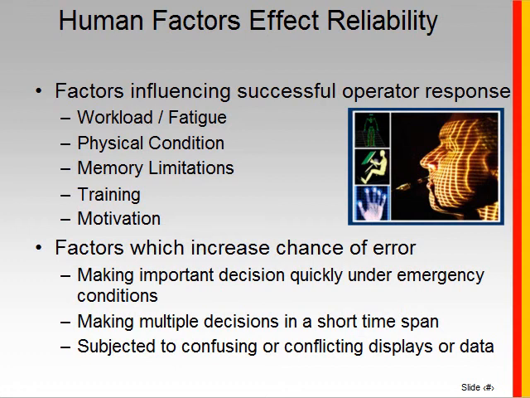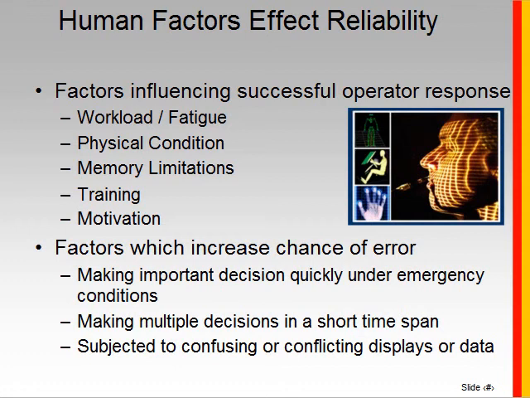There are also a lot of factors which increase the chance of making an error in the response to an alarm. In general, humans have a greater chance of making errors when they have to make a quick, important decision under emergency conditions. The U.S. military deals with this all the time and factors this into their structure and the way they execute battle plans.